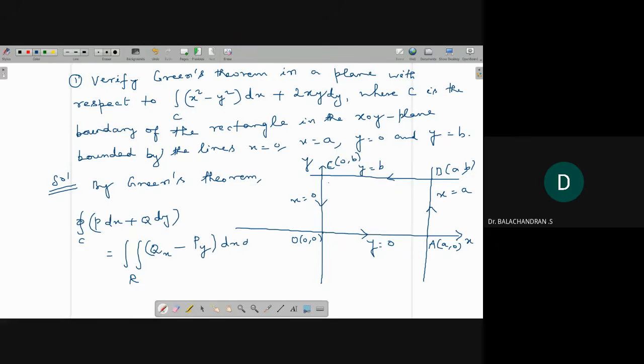Better to write dou Q by dou x and dou P by dou y.